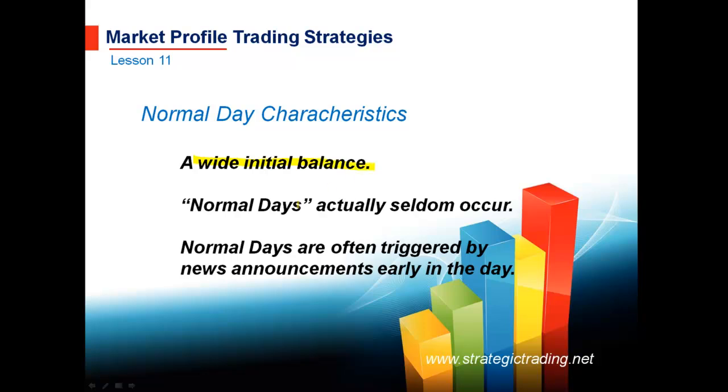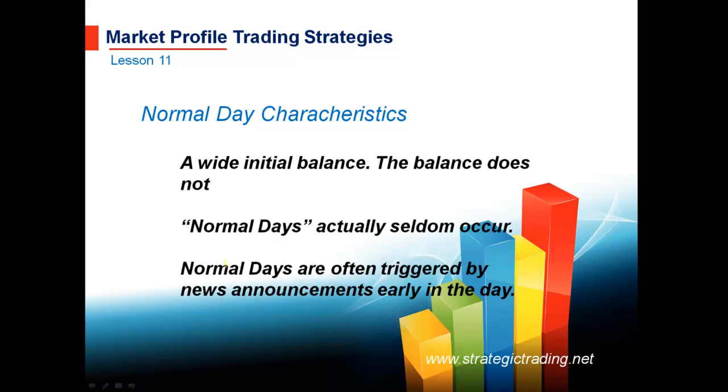So to some extent, it begins to look like a directional day. Normal days, again, are not all that normal and don't occur all that frequently. And normal days are always triggered by news announcements or changes that happen suddenly in the market. So we will get a wide initial balance.